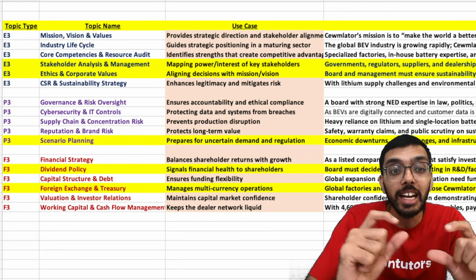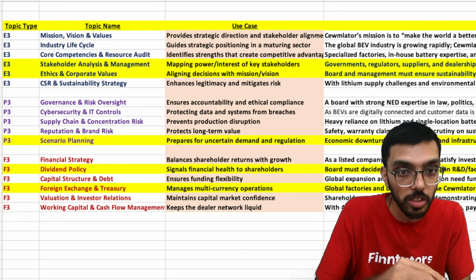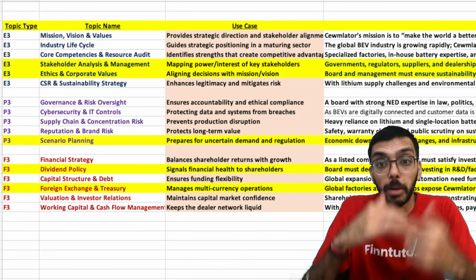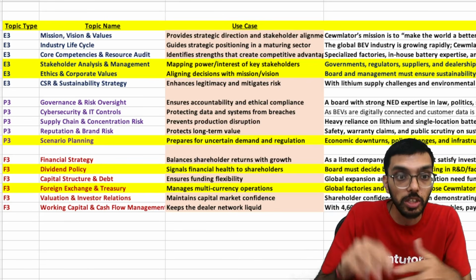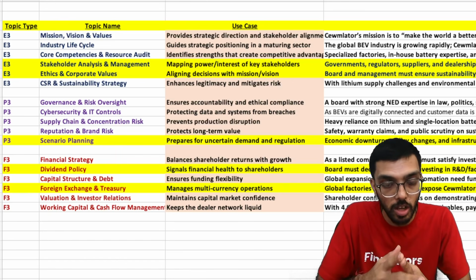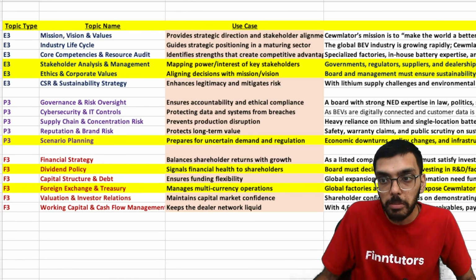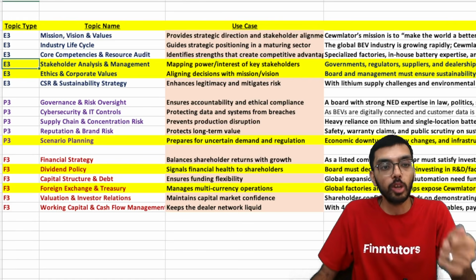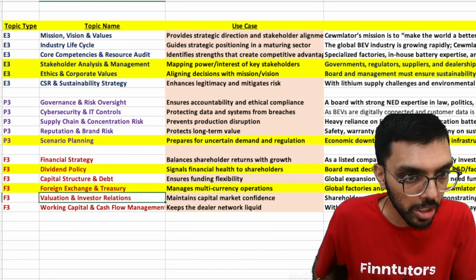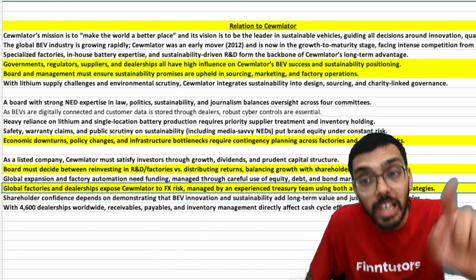And then we've highlighted the key topics for you, like ethics, which is going to come up deeper in the discussion. Scenario planning, which has already come up, but is going to come up again deeper into the discussion. Dividend policy, forex losses or forex currency risks, hedging. All of that is going to come up deeper, but this is just me showing you that in my topic list you are going to get important topics. You're going to get how to use that topic, and you're going to get a link to the company.